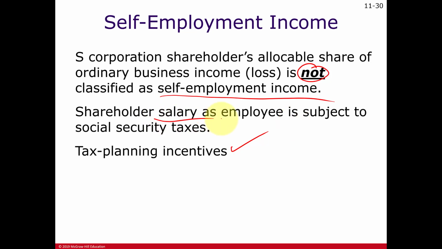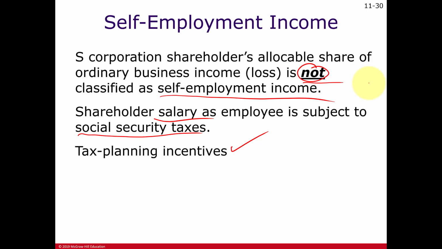And salaries, unlike corporate distributions or allocation of income, are subject to Social Security taxes, half withheld from the pay of that employee, and it's matched by the corporate employer. But again, if you don't pay anything to the employee and just distribute the profits as an S corporation shareholder, that profit is not subject to the self-employment tax.